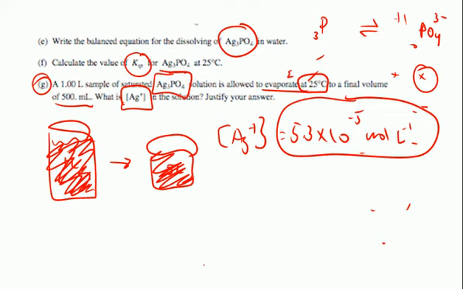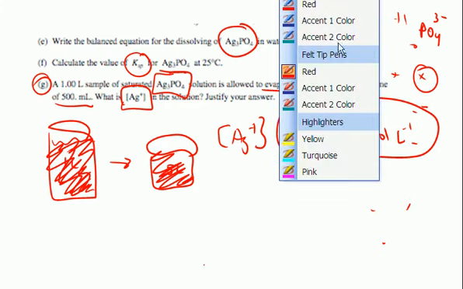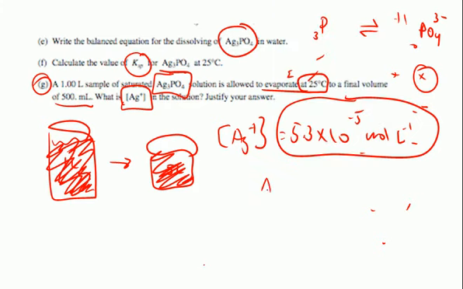Before we do that, I want to go back and clear up something that I messed up on the last problem. It was a KSP problem, and we had Ag3PO4, which broke up into 3Ag plus PO4 minus.